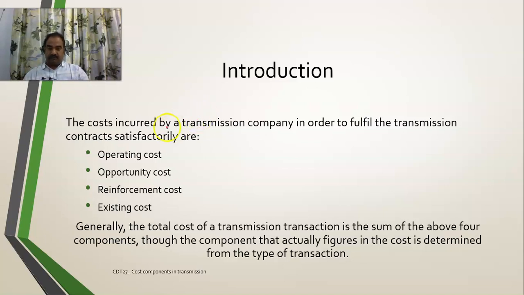So, first of all, coming to the introduction. Any transmission company, in our terms we do call it a Transco. In other areas they call it a power wheeling utility.